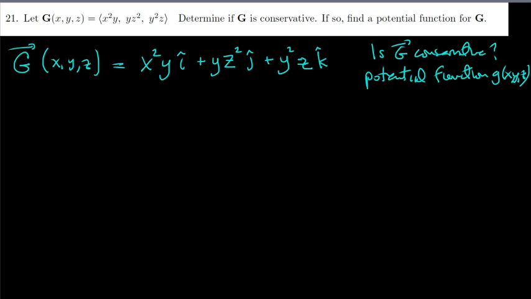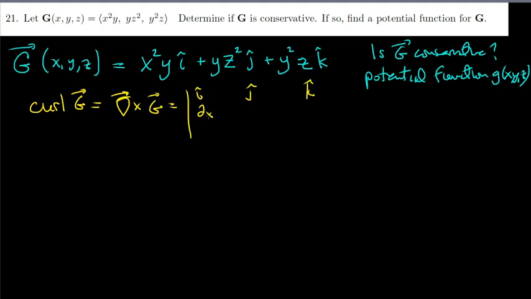All right. So is G conservative? Take the curl. If the curl is the 0 vector, then the answer is yes. If the curl is anything other than the 0 vector, then the answer is no. All right. So we'll just do this the usual way. i, j, and k, partial derivatives, and then the components, x squared y, y z squared, and y squared z.